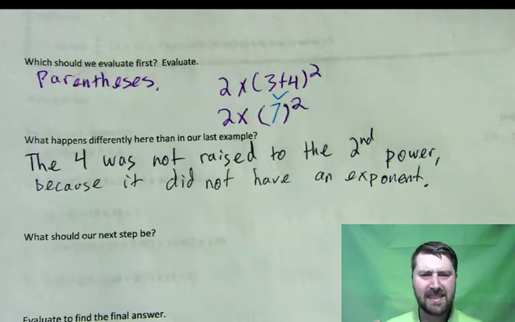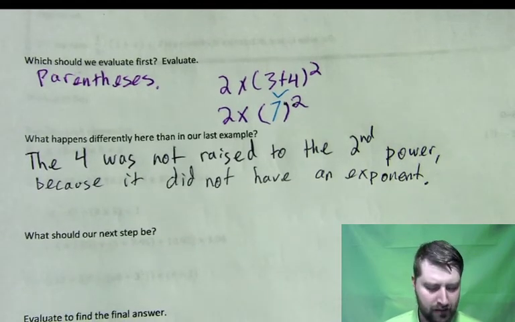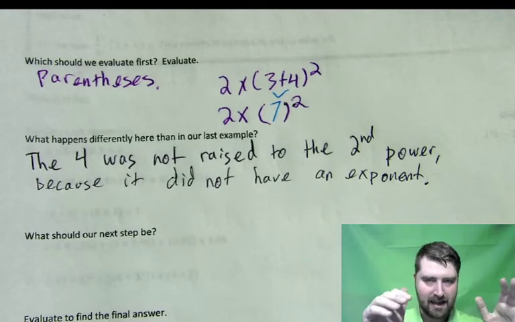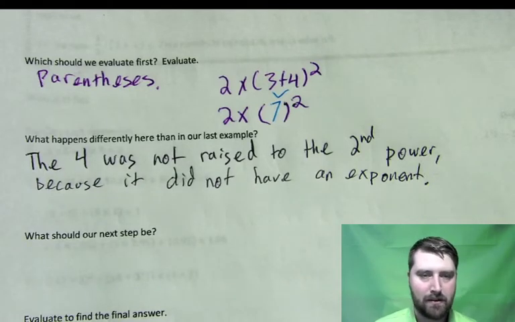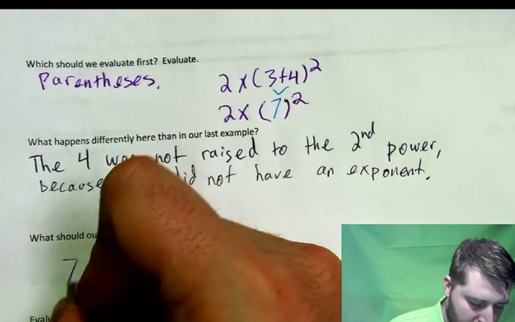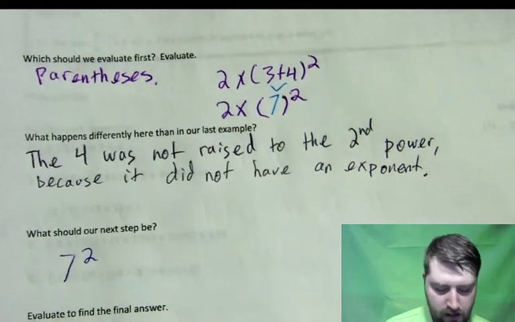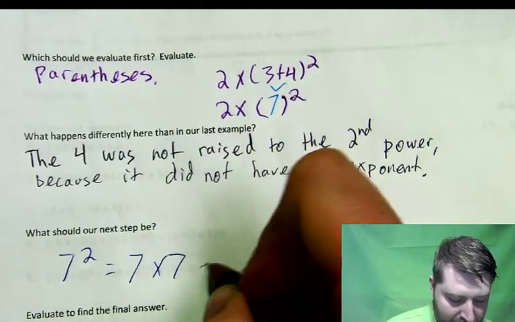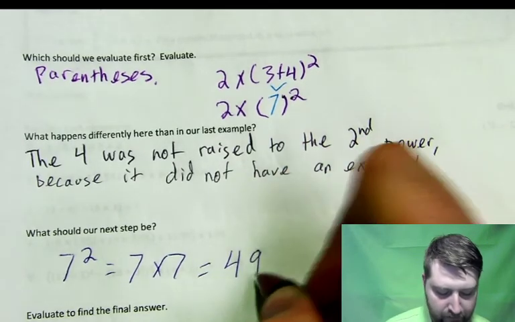So what should our next step be? Well, we did our parentheses. Now we know our exponent is next because that is the next most powerful thing. So now we have to do 7 squared. And 7 squared is 7 times 7. And 7 times 7 is 49.